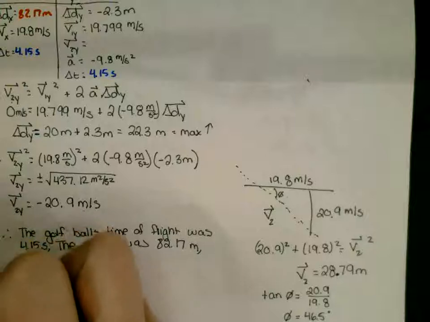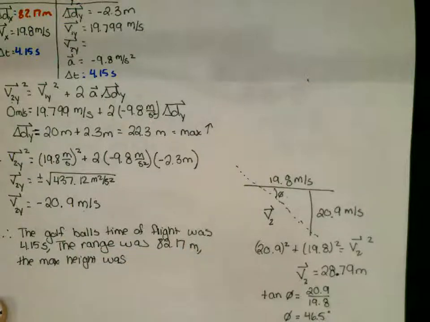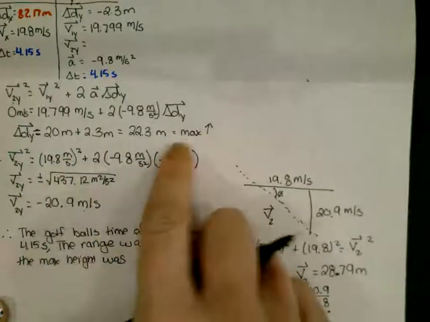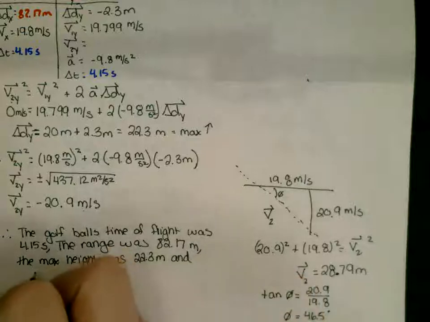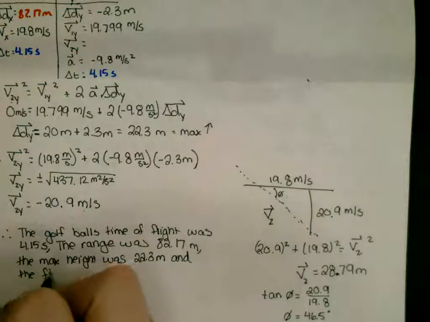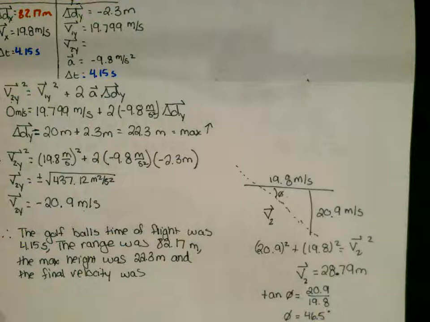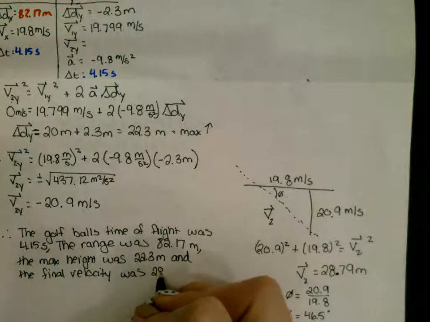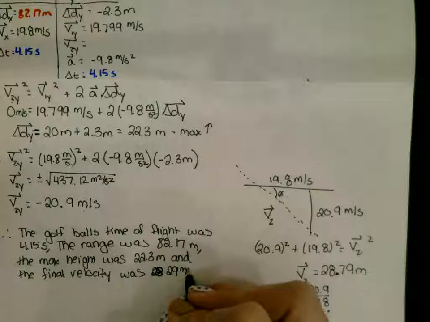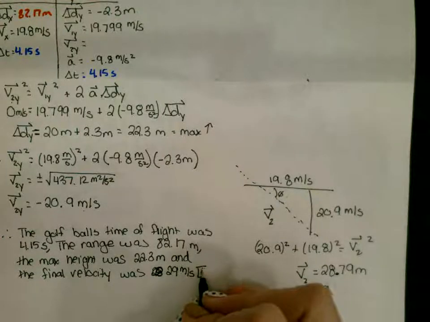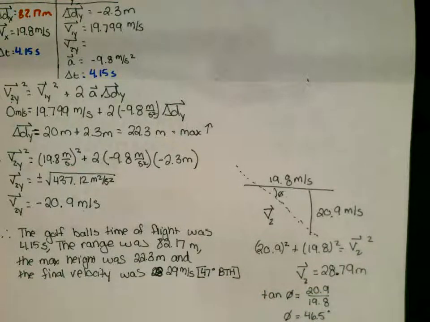The maximum height was 22.3 meters. And the final velocity was 28.7, so I could say 29 if I'm looking at significant figures, meters per second, 47 degrees below the horizontal. And we're done.